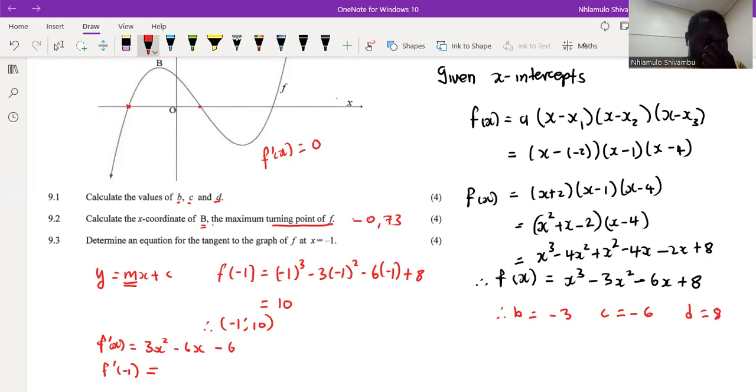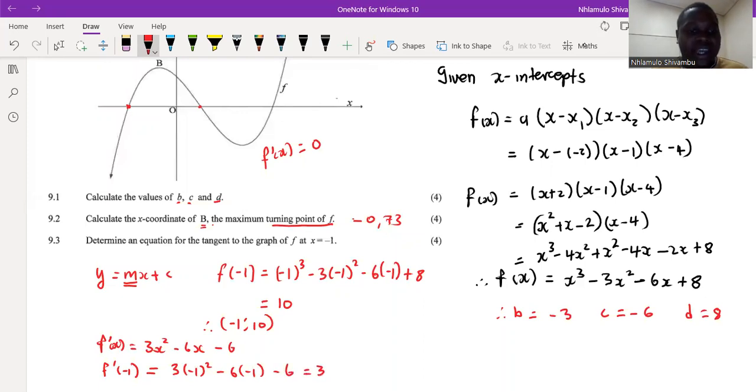So we're going to substitute x equals minus 1 into the gradient of the curve at any point. That is 3 times minus 1 squared minus 6 times minus 1 minus 6, and this gives us 3.